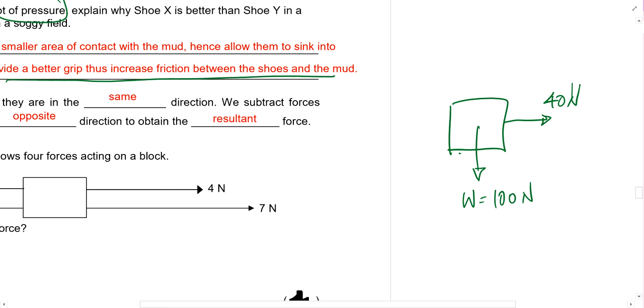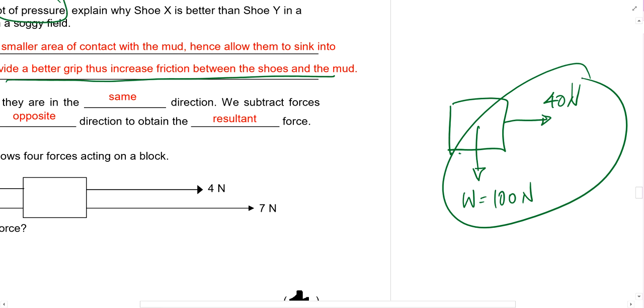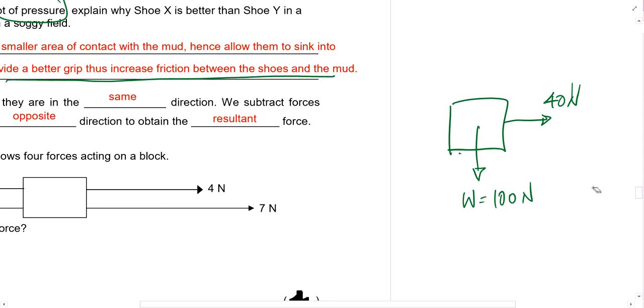In this case, can you tell me the resultant force? Can I just subtract 100 from 40 or 40 from 100? Can or cannot? Cannot. They are in different directions, but they are not in opposite direction. Okay? Know the difference. These two cannot subtract. We use other ways to find the resultant force in future.